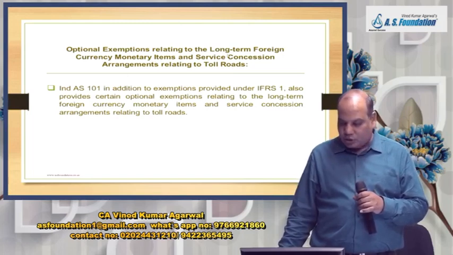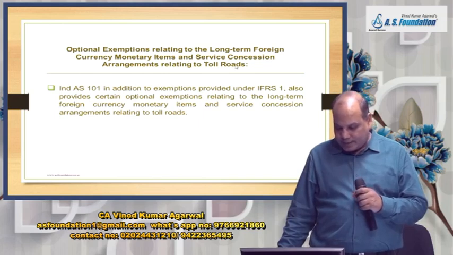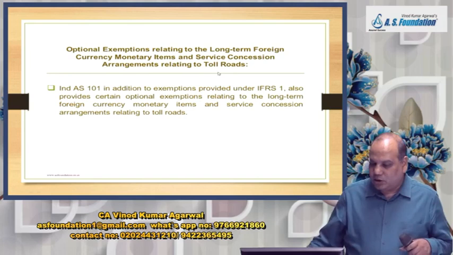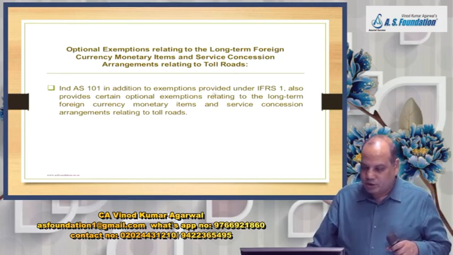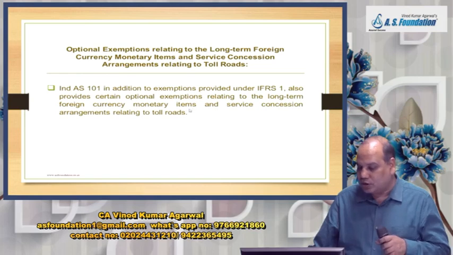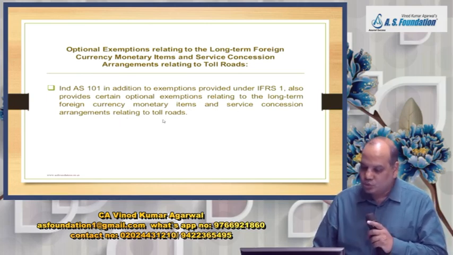Exemption relating to long-term foreign currency monetary item and service concession arrangement relating to toll roads. Ind AS 101, in addition to exemption provided under IFRS 1, also provide certain optional exemption relating to long-term foreign currency monetary item, which I have discussed some minutes back, and service concession arrangement relating to toll roads.